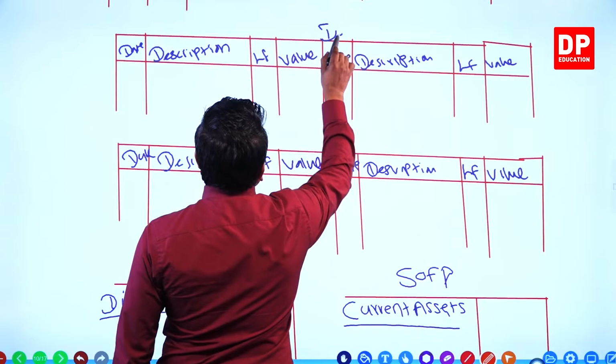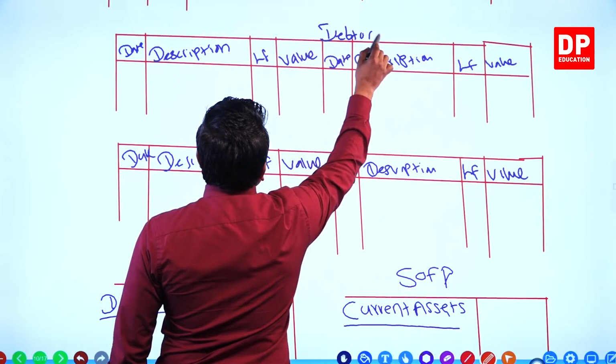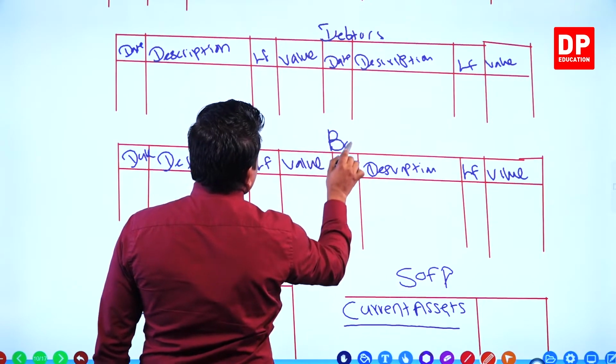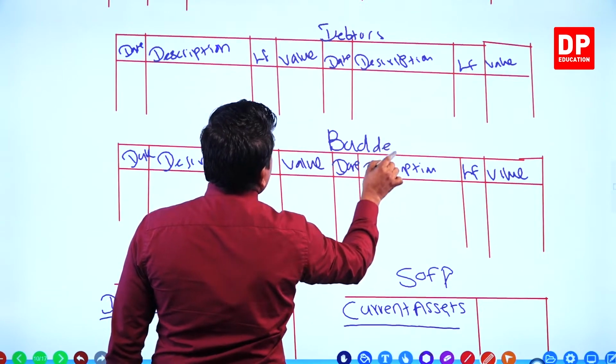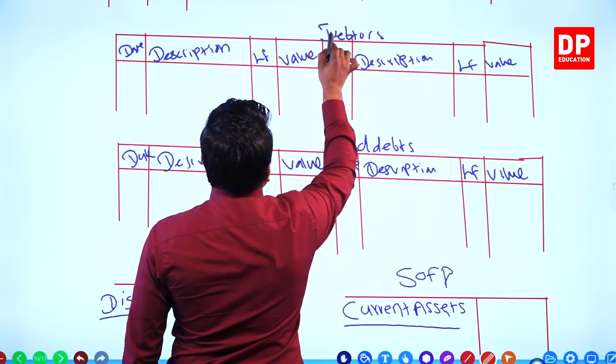Debtor we write on top, no? Debtor. Then we write bad debts. This is debtor, debtor, right?